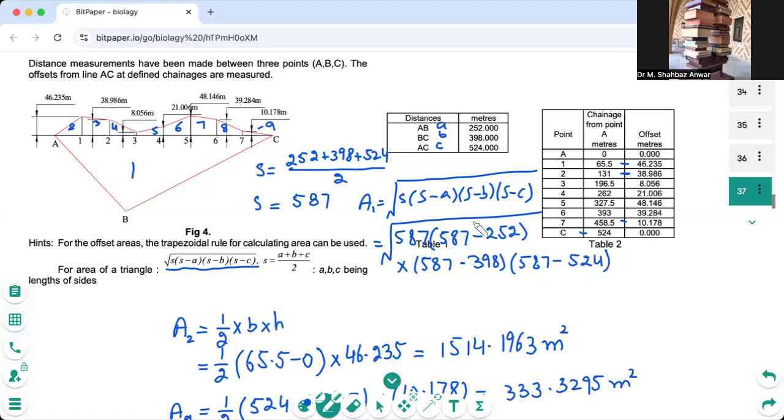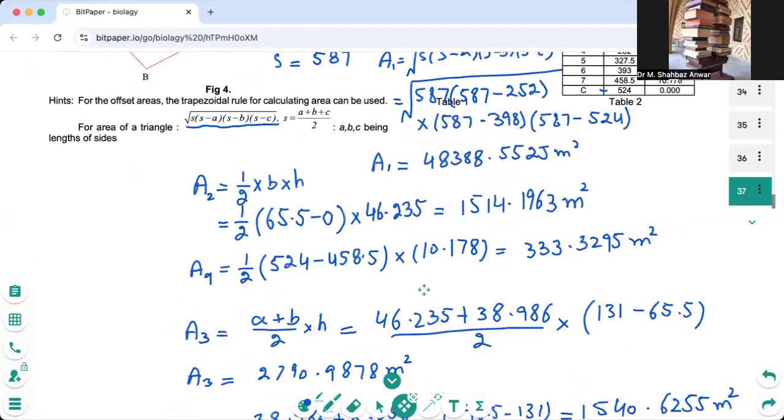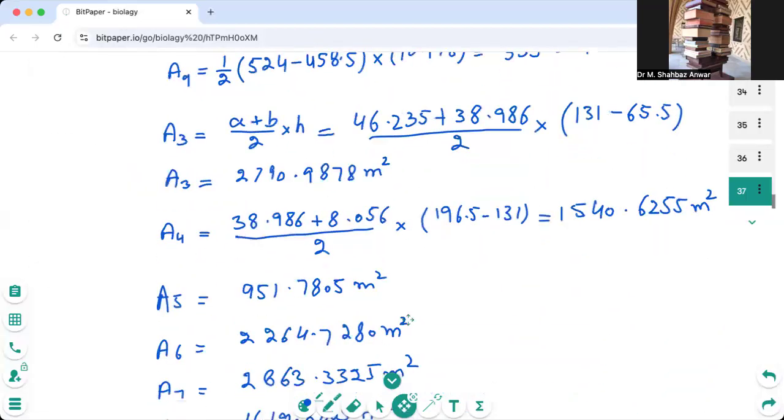So all these factors are under the square root, which is area 1. You can put these values in your calculator and you get the value of your area 1, which is 48,388.5525 meter square.